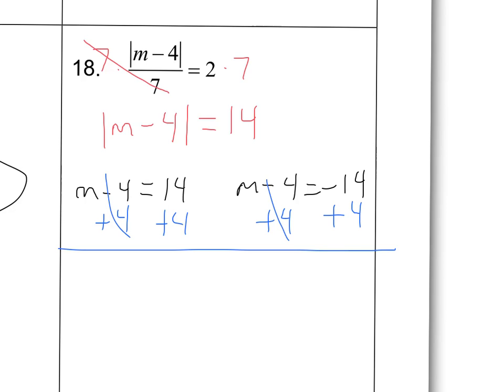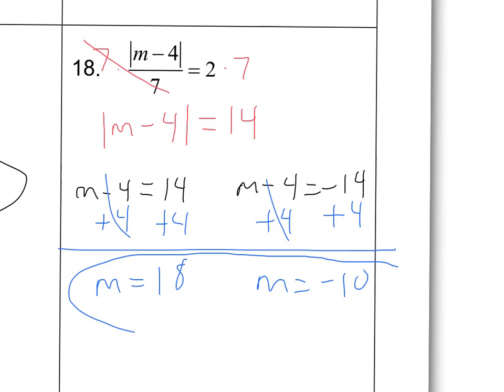Those cancel out. That's going to leave me with m equals, let's see, 14 plus 4 is going to be 18. And then on this side we have m equals negative 14 plus 4, which is going to be negative 10. So be careful with those negatives. Always write it out into two different equations, and I think you guys will do just fine with this.